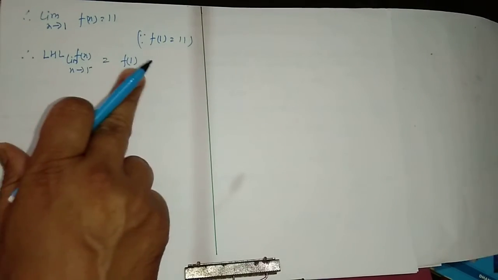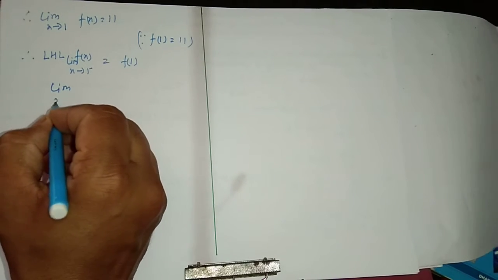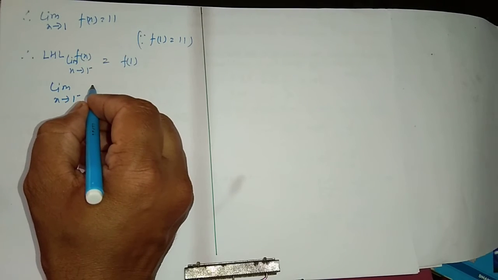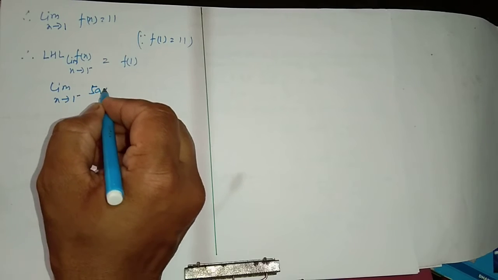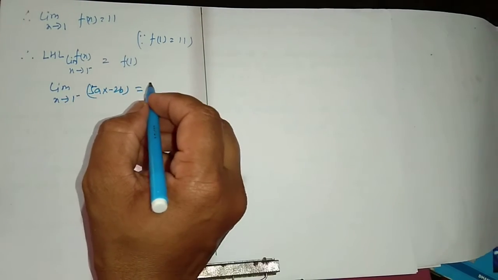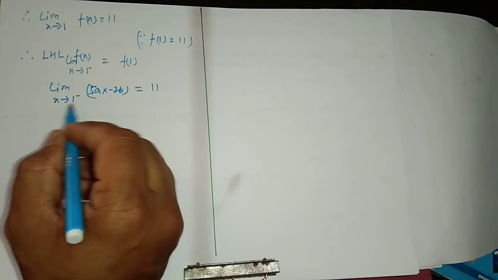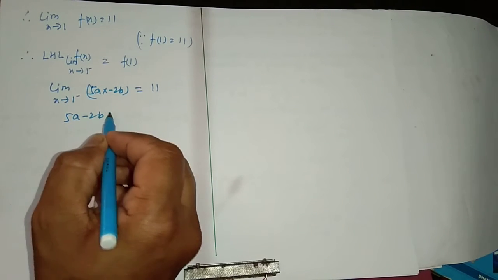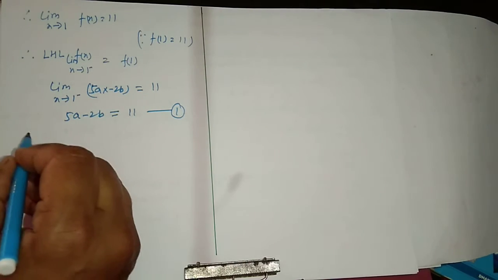So the left hand limit is equal to the value of the function, so we can write limit x tends to 1 negative, and the function given is 5ax minus 2b, is equal to f(1), which is 11. So we can put x is equal to 1, and we get 5a minus 2b is equal to 11. Equation first.